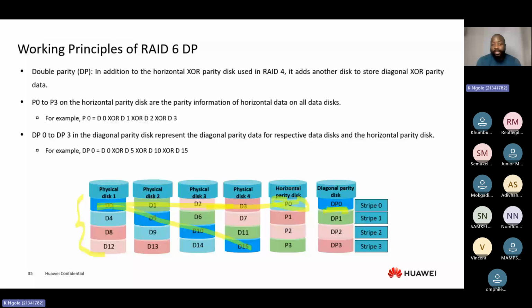This dual parity system enables data recovery even if we have two disks that fail simultaneously. Because of this, many enterprises will prefer to use the RAID 6 structure.